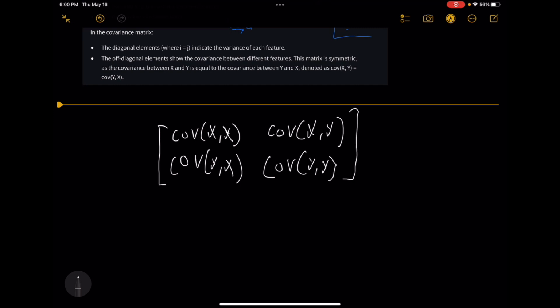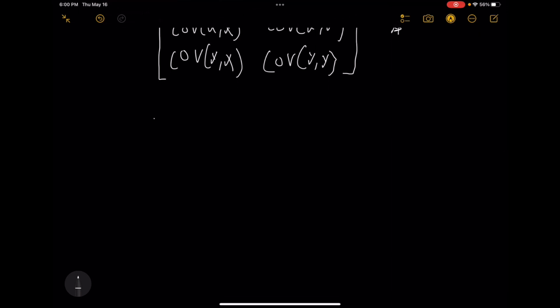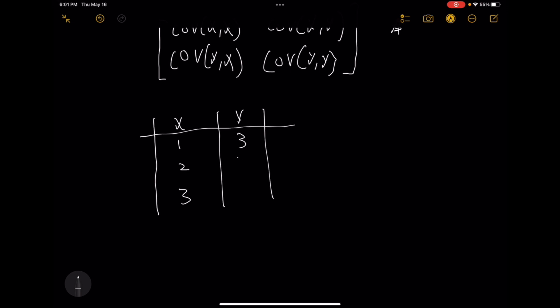So this would be a covariance matrix, but let's also have a regular matrix so we understand it a little more. Let's say we had a data frame with x and y. We'll say that equals 1, 2, 3, and this is 3, 2, 1.